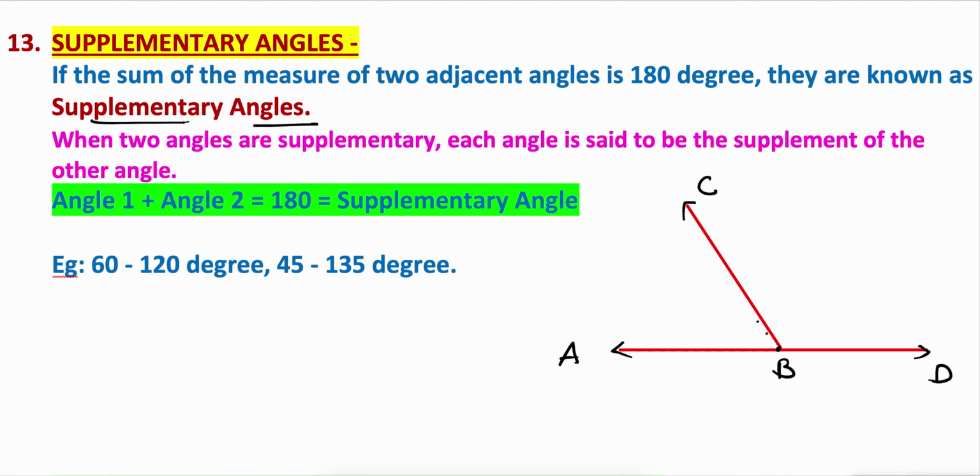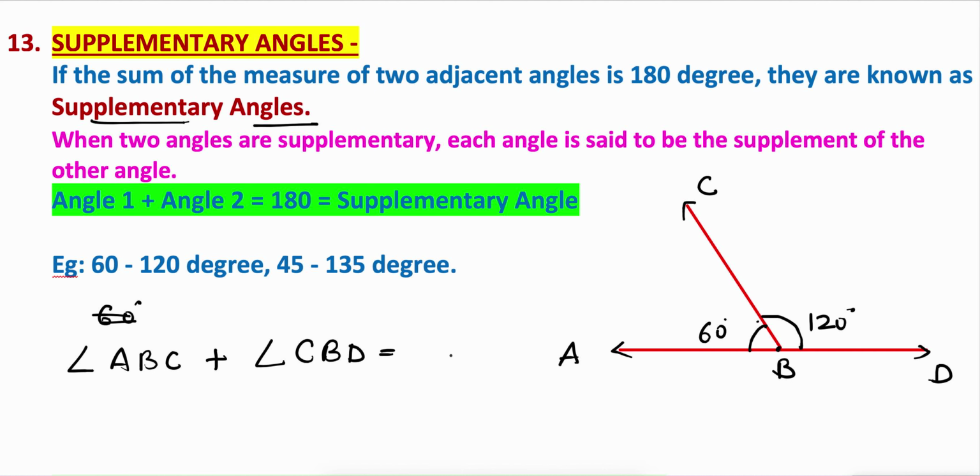If this angle is 60 degrees and this angle is 120 degrees, so for supplementary angles, angle ABC plus angle CBD should be equal to 180 degrees.